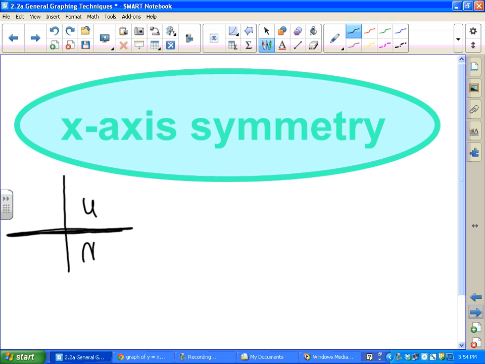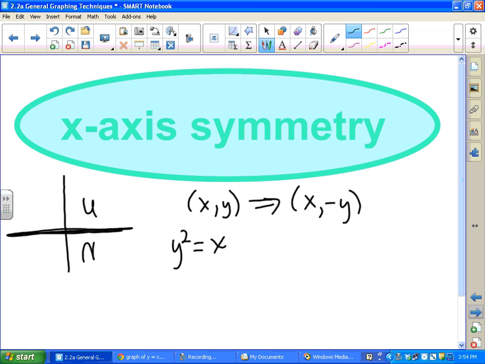X-axis symmetry has a rule that says for every point (x, y) on the graph, then the graph also contains the point (x, -y). So if (x, y) is on the graph, the point (x, -y) is also on the graph. An example equation we could look at is y squared equals x.